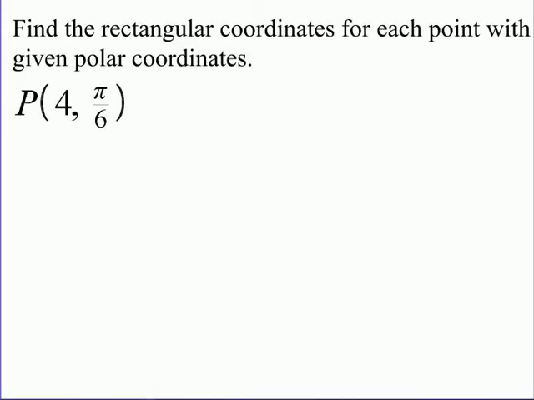If you don't remember what polar coordinates are, you should know that pi over 6 is an angle, right? So this is your theta. R is 4. So to find x, I'm going to take 4 times the cosine of pi over 6.